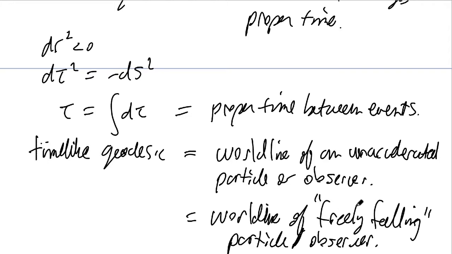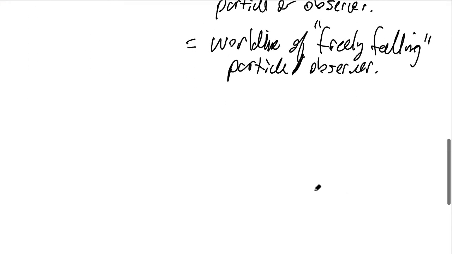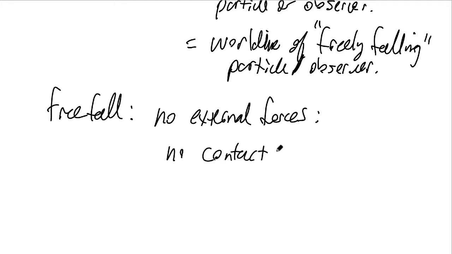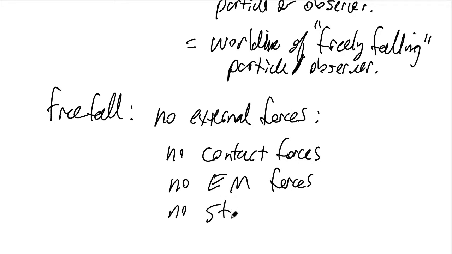Okay, so what do we mean by freely falling? For a particle to be in free fall, we mean that it's uninfluenced by any external forces. So, in other words, no contact forces, no electromagnetic forces, and no other physical forces, say strong or weak nuclear forces.